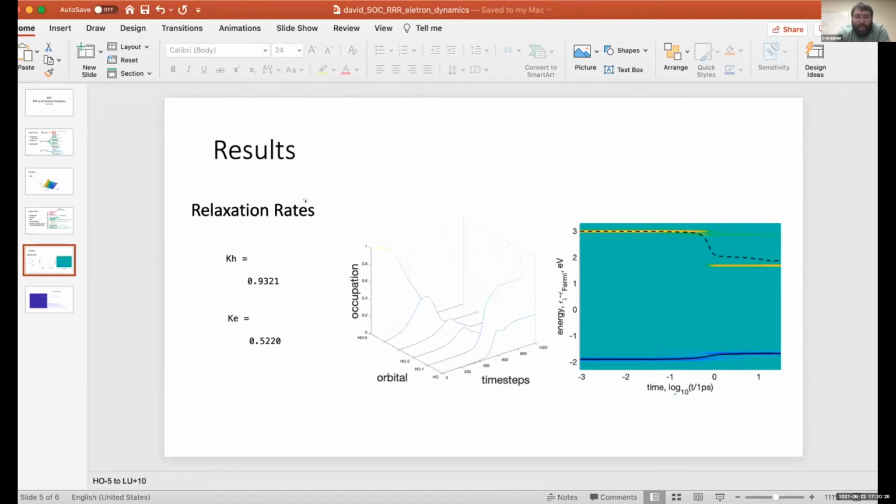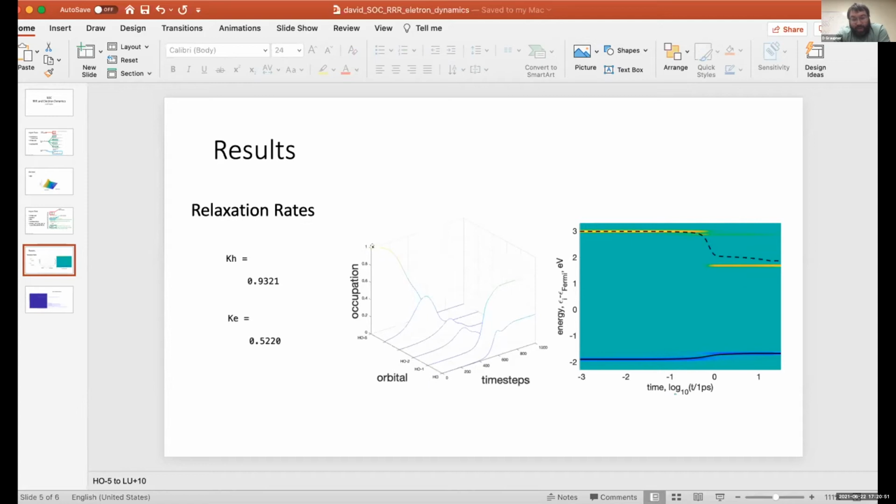So then, much like the results from Yulin, you get the relaxation rates, and MATLAB will just pump those out for you. So KH will be the relaxation of the hole, KE is the relaxation of the electron. My middle figure here is an occupation graph.